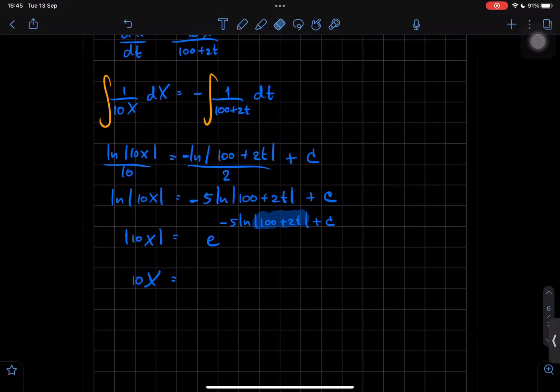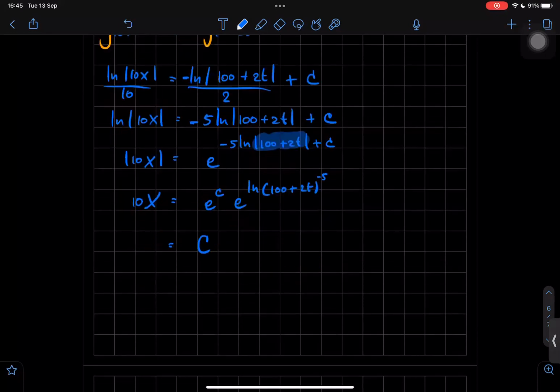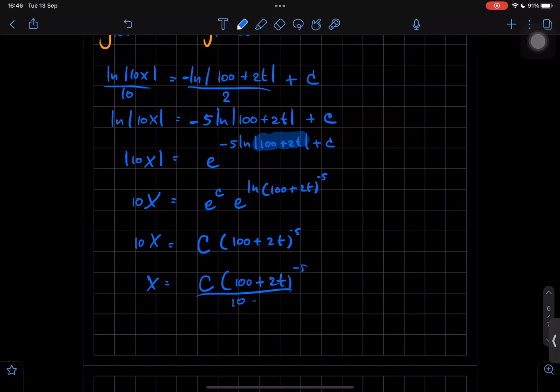Okay, so we get e to the c, e to the log of 100 plus 2t to the minus 5, like this, or we can just write it as a big C, and this thing will be 100 plus 2t to the power of minus 5, and x equal to, okay, something like this.